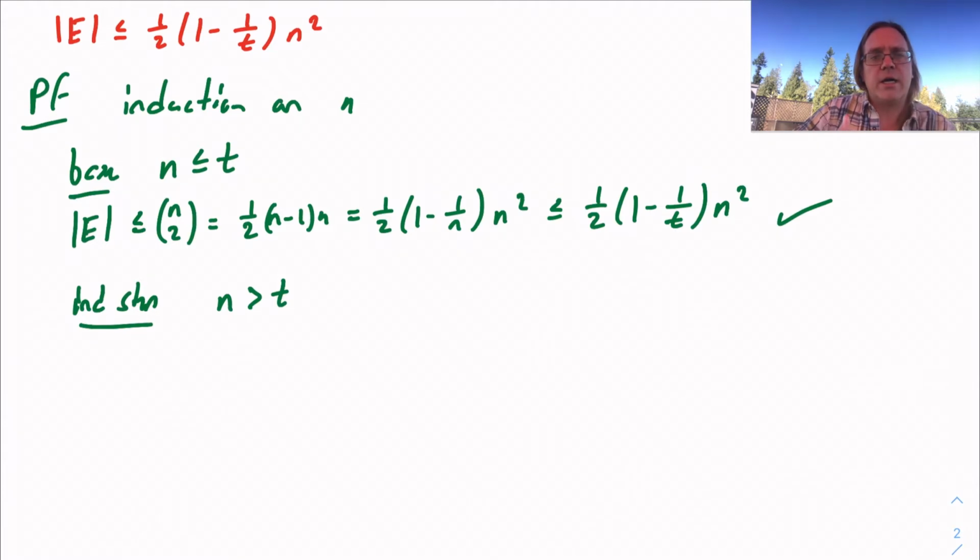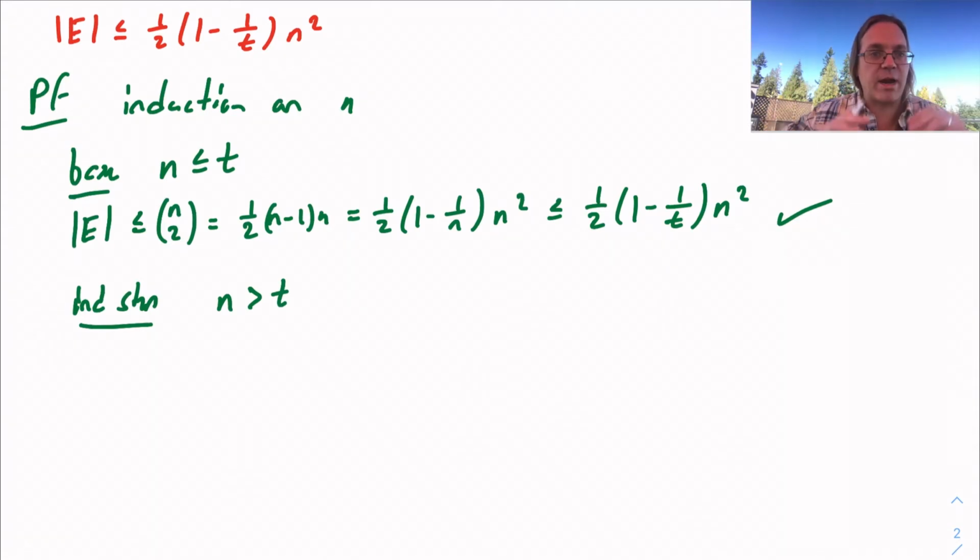So in other words, by possibly adding edges to the graph, I can assume that there is a clique of size t. Again, every time I add an edge, I'm only increasing the clique size by at most 1. So if the graph doesn't even have a clique of size t, I'll add an edge. If it still doesn't have any clique of size t, I'll add an edge. I will do that until I get a clique of size t, but no cliques of size larger than t.